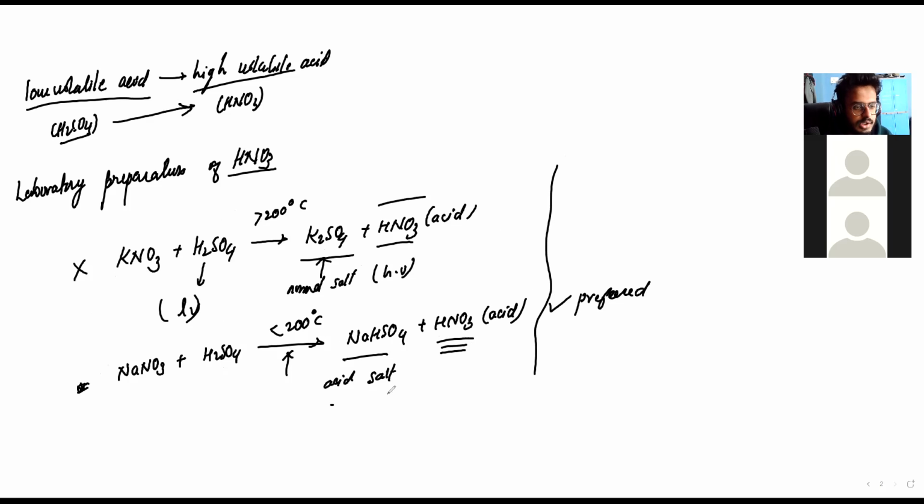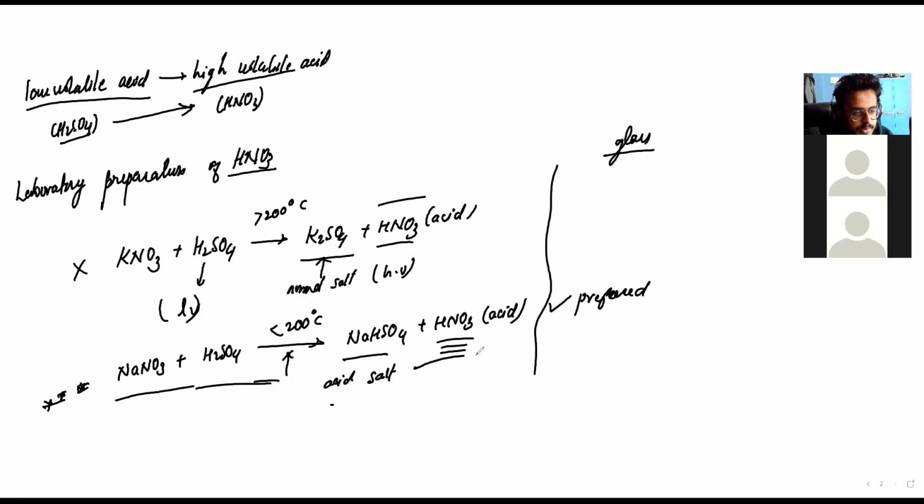This is not preferred because all the apparatus used in the laboratory preparation of nitric acid is made from glass, right? The round bottom flask, connecting flask, everything is made of glass. And at higher temperatures, there is a possibility that the glass may break. So to prevent that possibility, we use this reaction.